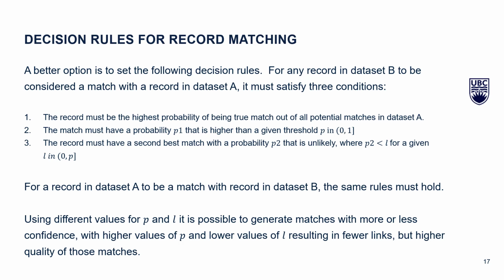A better option is to set the following decision rules. For any record in dataset B to be considered a match with a record in dataset A, it must satisfy three conditions.